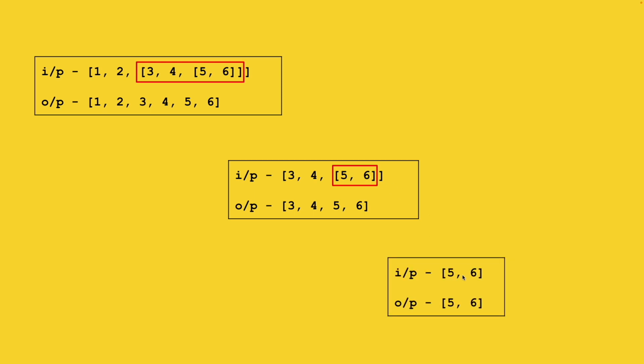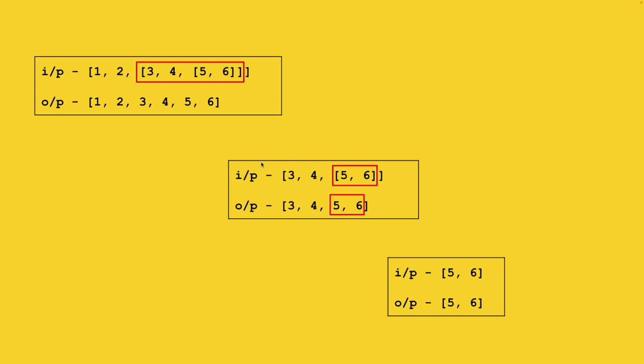Now, for this 5 and 6, both are just plain elements. There is no nested array anymore. So we are up to the final depth of the recursion, and the output of my function will be 5, 6. This will be returned back to the previous call, where 5, 6 is concatenated with the previous 3, 4.